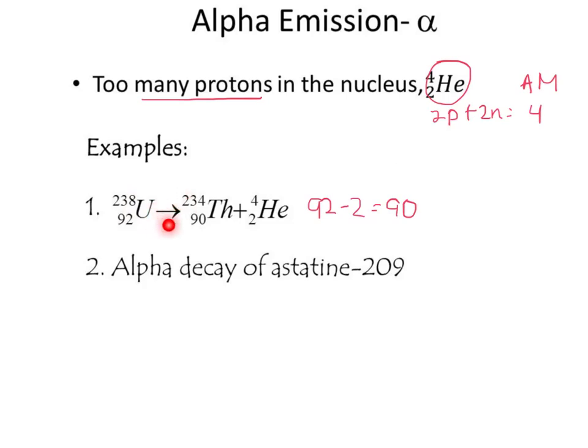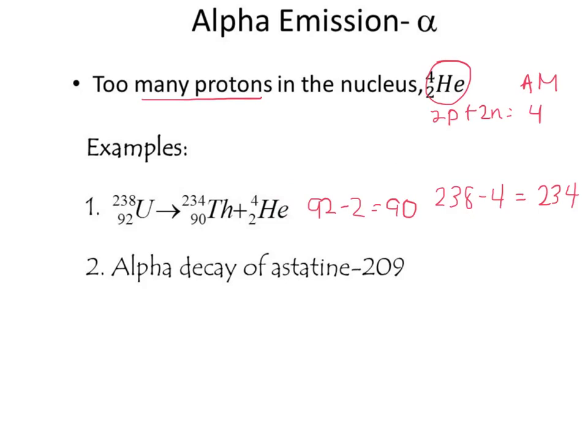This is the reason why there is an arrow to indicate that there is a yielding process, and now you have thorium-90. But how did we get 234? It's because, remember, you lost 2 protons and 2 neutrons, so that's an atomic mass of 4. So 238 is the original atomic mass. We lost 4 subatomic particles, and now you have a new mass of 234. In order to finish your chemical equation, you have to add that alpha particle in there.